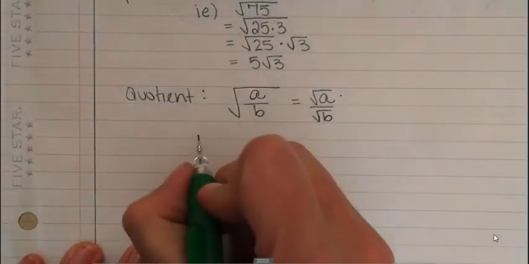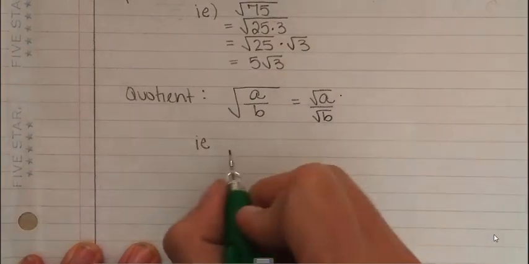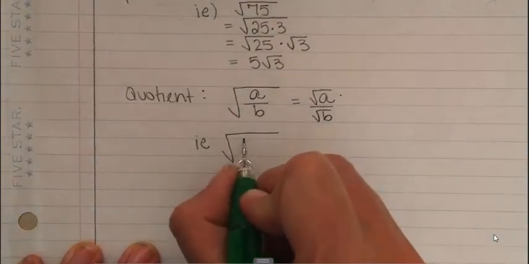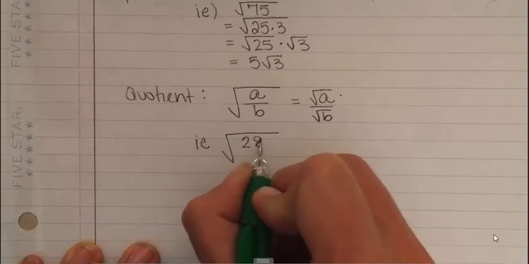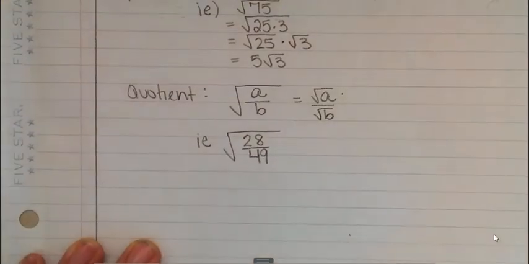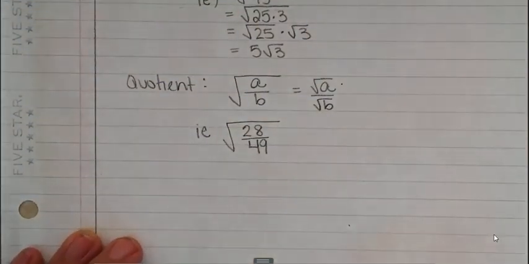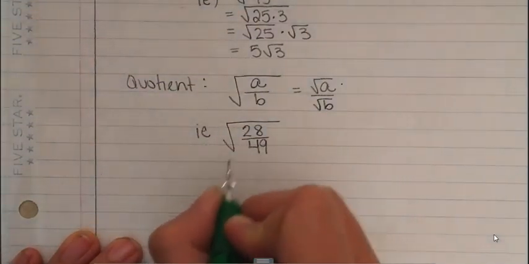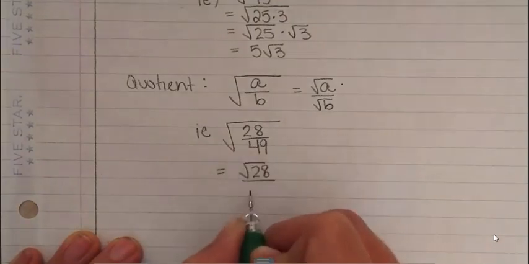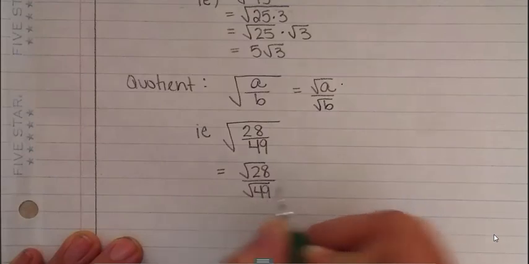As an example, how about 28 over 49? I might want to break this up so that I can deal with these individually. So this would really be the square root of 28 over the square root of 49.